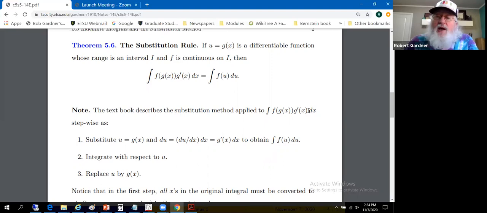For integrals of this form, the integrand has to be of quite a special form, but again, a lot of them surprisingly are of this form. They all will be that we deal with here, because that's the only thing we know how to deal with beyond the stuff in table 4.2. So rewrite it as an integral of f of u du, then evaluate the integral with respect to u and replace u with g of x.